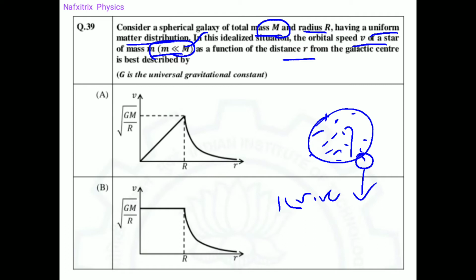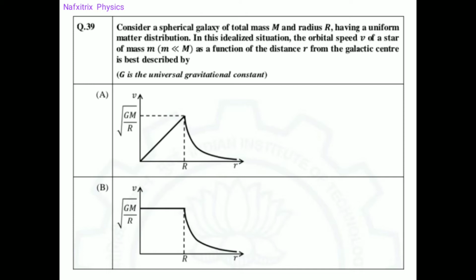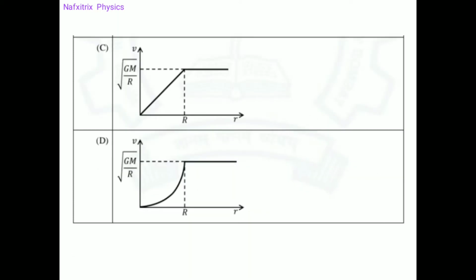Now the orbital speed v of a star as a function of distance r from the galactic center is, so we need to see which graph best describes the variation of orbital velocity of the star from the galactic center. That is what we need to find out. These are the options A, B, C and D.